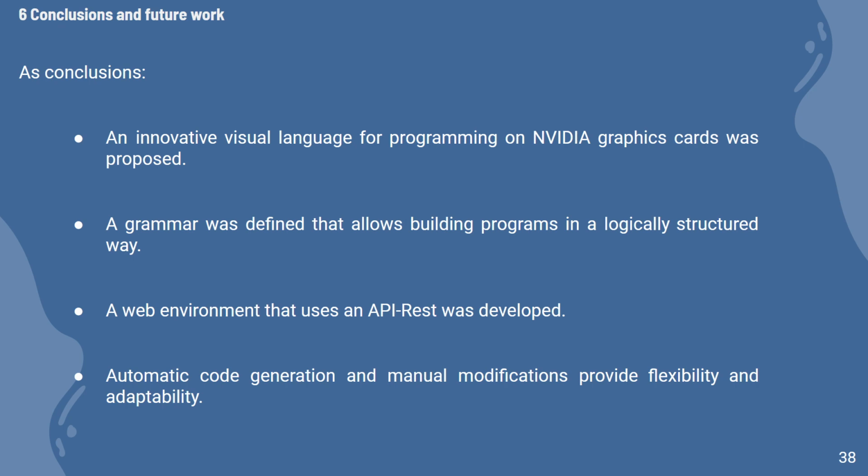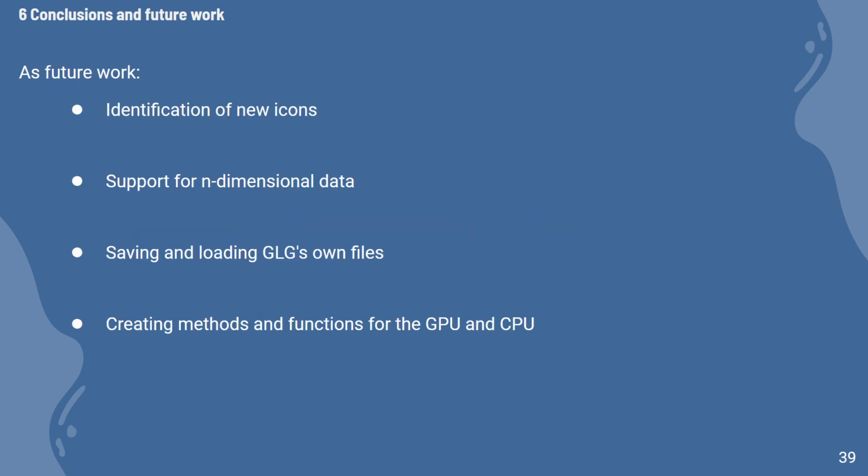GLG offers several advantages over traditional textual languages, such as the use of icons and workflows to facilitate the understanding and visualization of programs. As future work, the following lines of research and improvement are proposed.